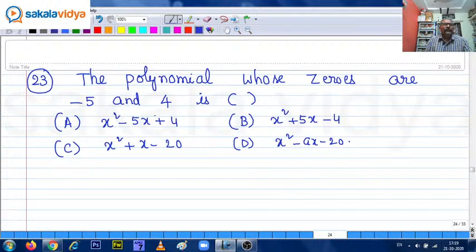Okay, so that means the sum should be minus 1 and the product should be minus 20. So option C will be the right option, not option A.